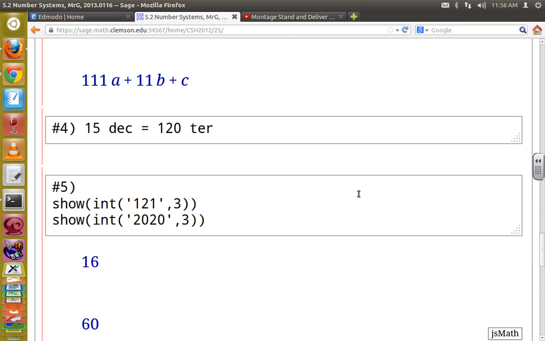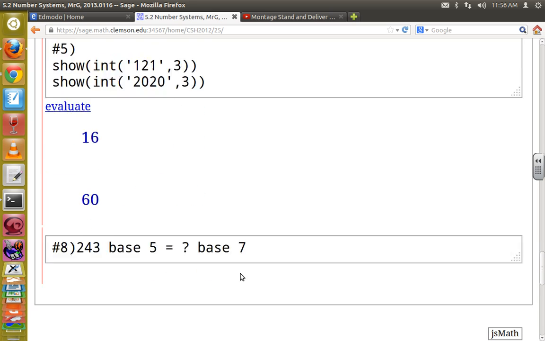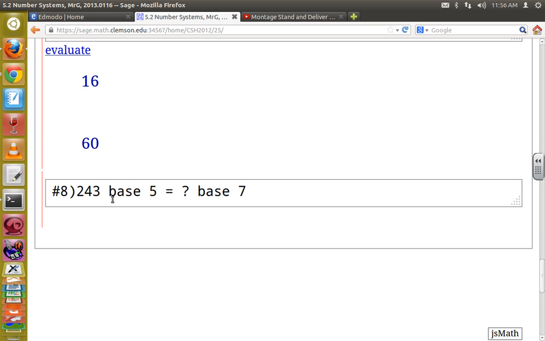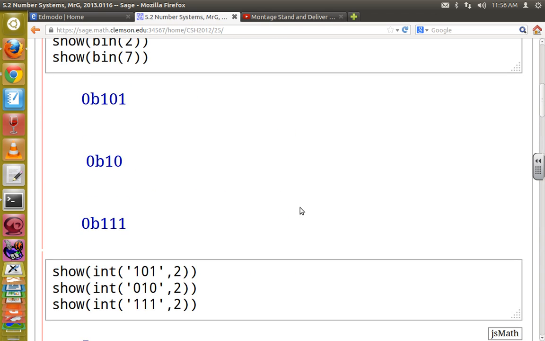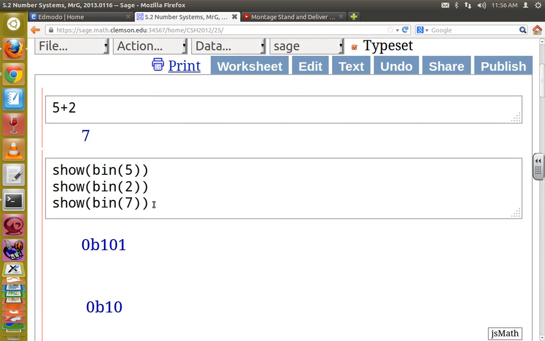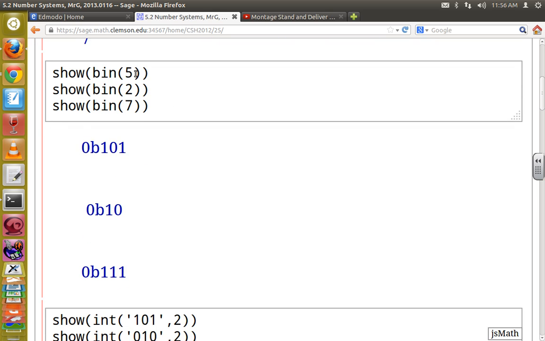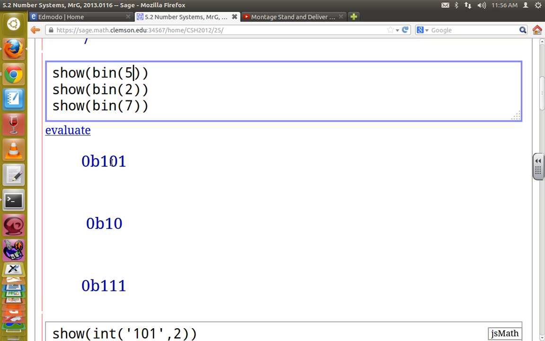Well, we know how to convert from whatever base we want to base 10 using int. I guess I could convert this to base 10 and then convert to base 7. We only have a few commands that convert to a particular base. Bin of an int gives you a binary integer.